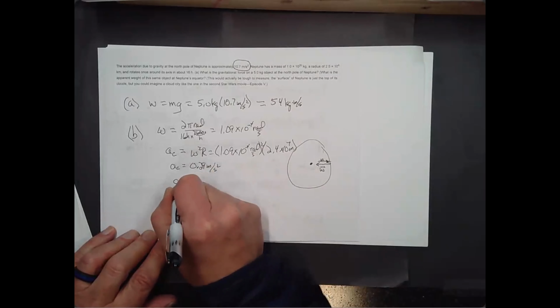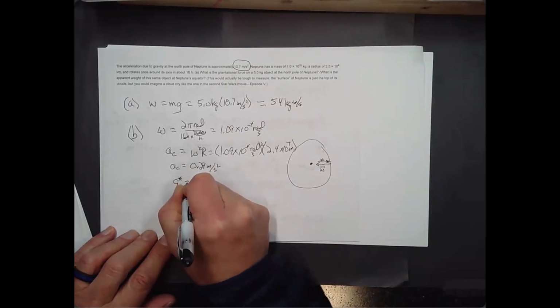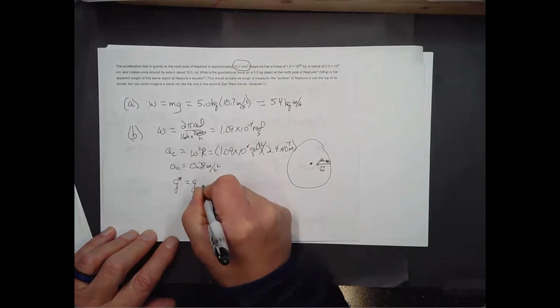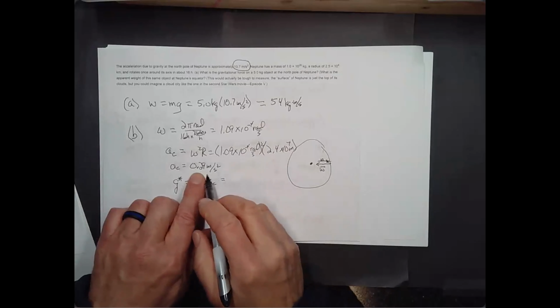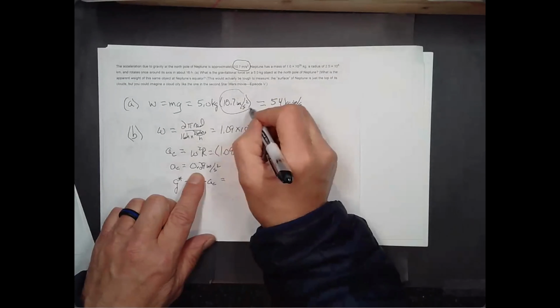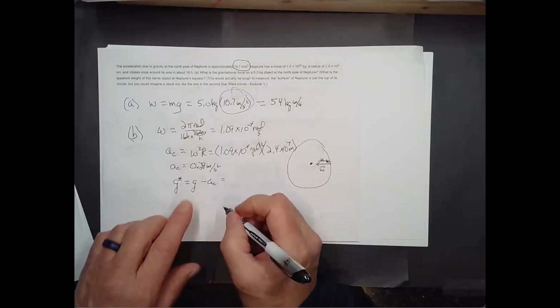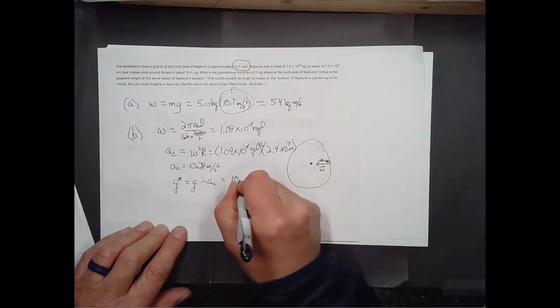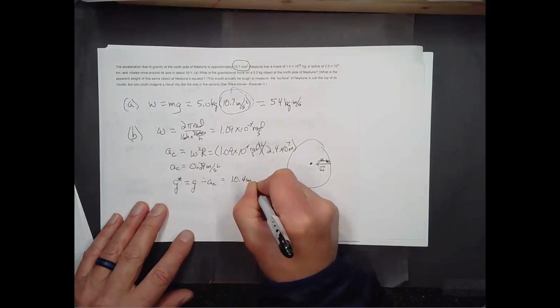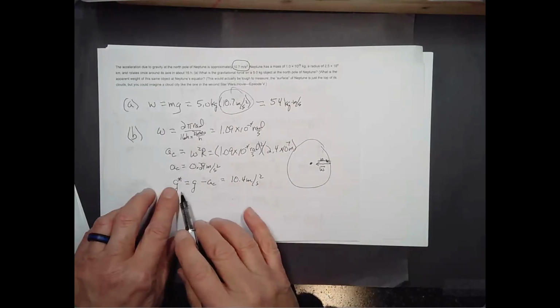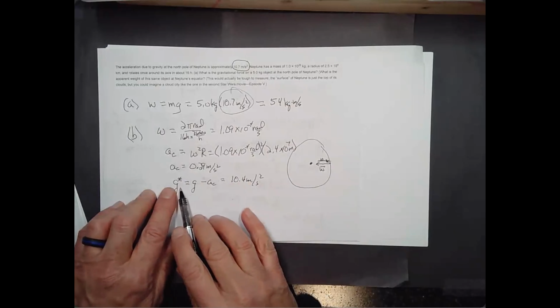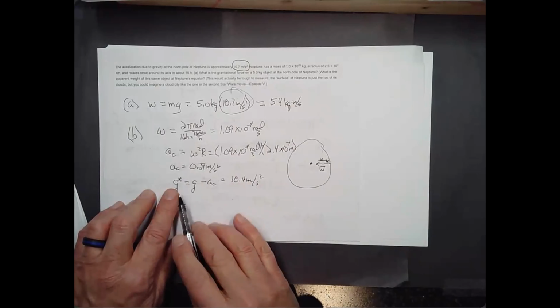And g star is going to be the regular acceleration minus that centripetal acceleration. If you take that away from the 10.7, this is roughly 0.3, you'll get about 10.4 meters per second squared for the effective acceleration due to gravity there.